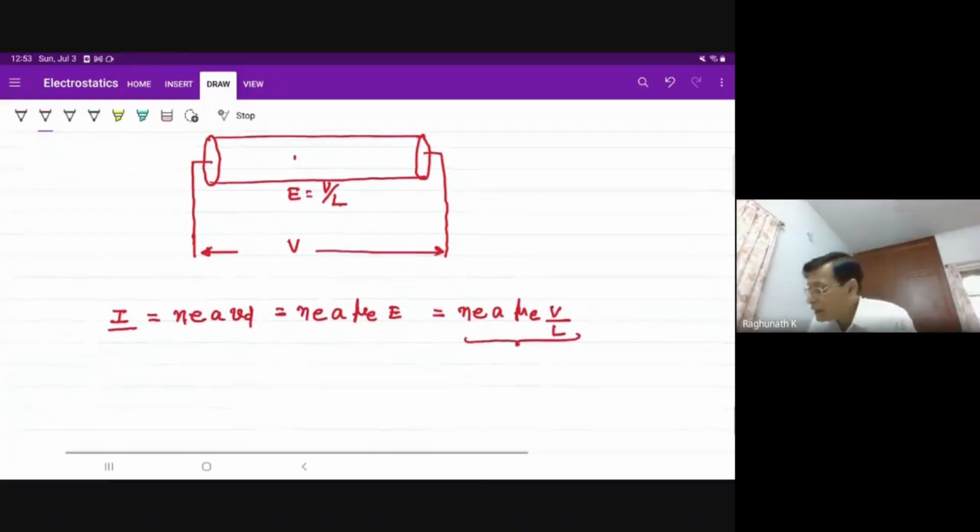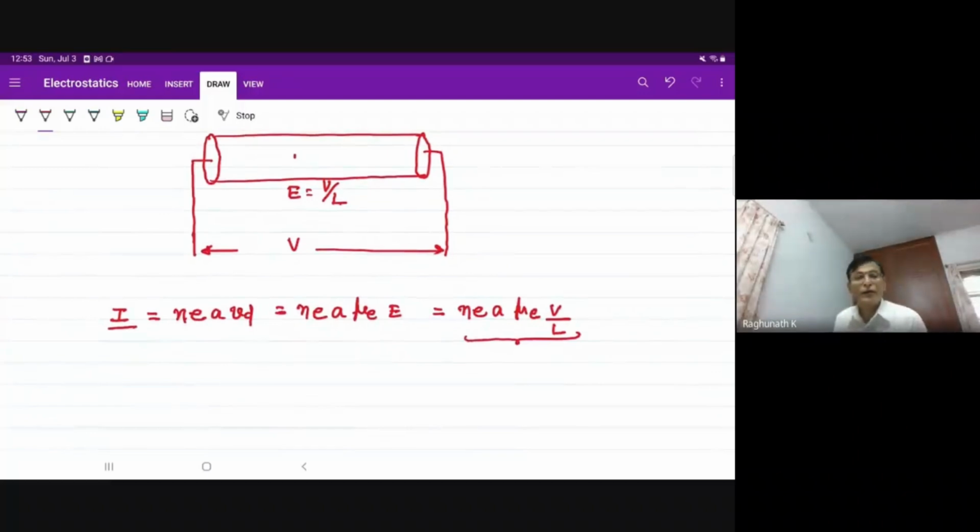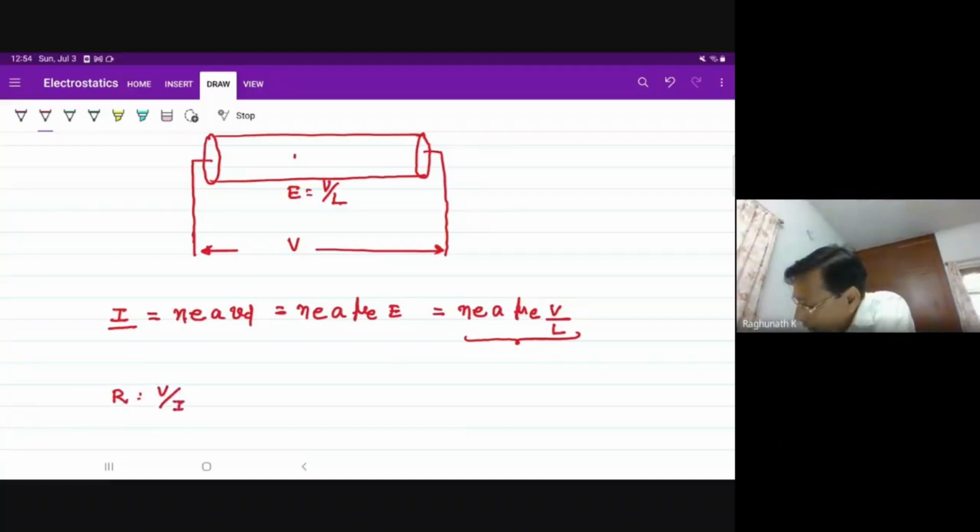And we basically talk about resistance. What is V by I? Resistance R is equal to V by I, which is equal to what? L by N e mu times area of cross section.